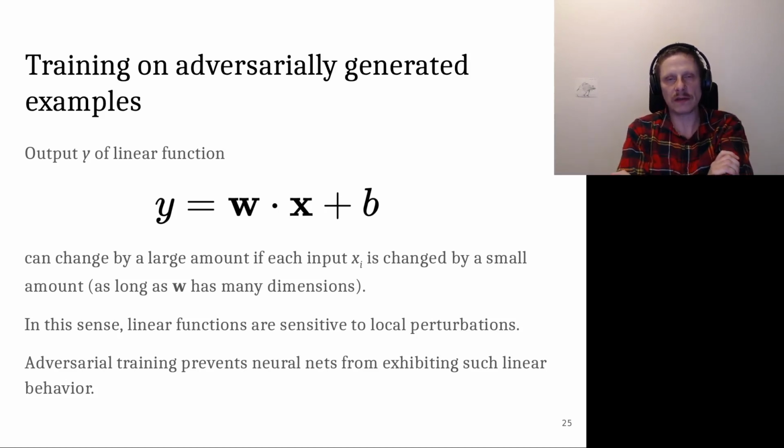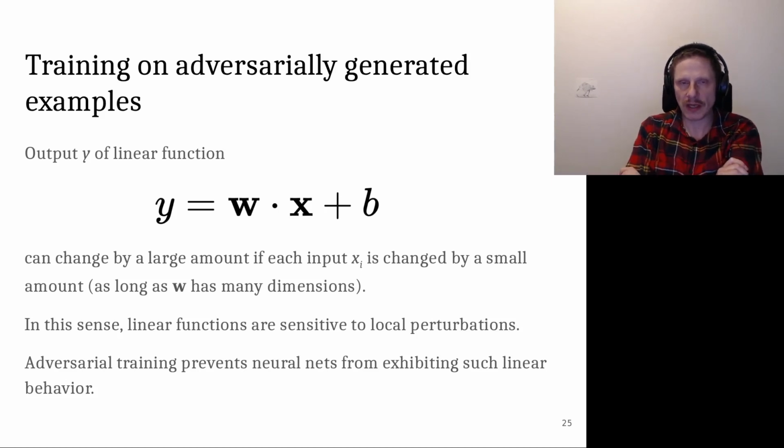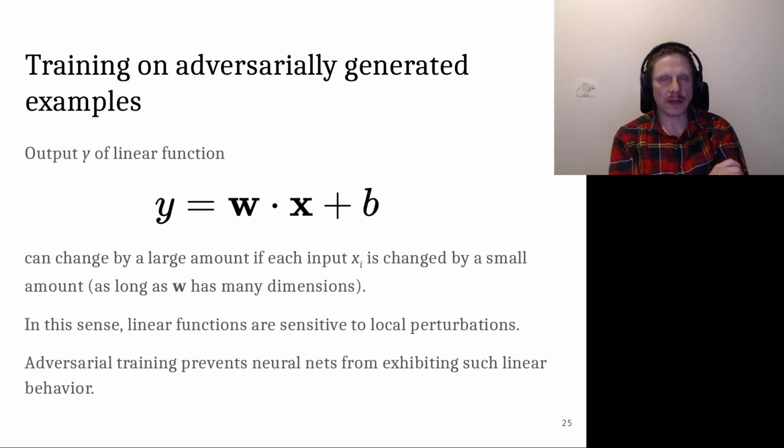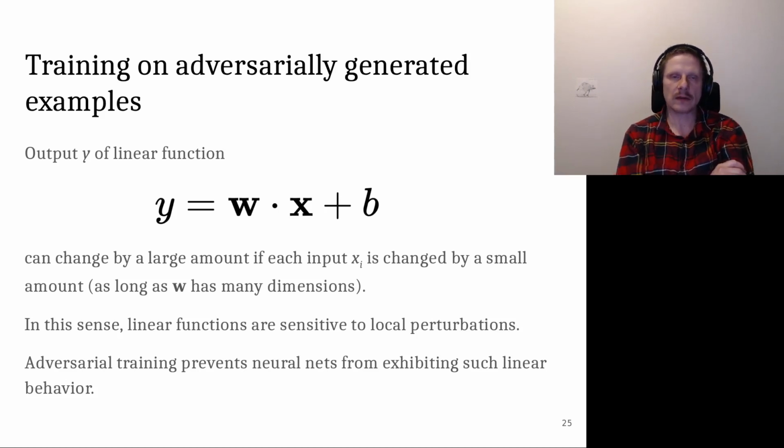The reason is that if x and w are high dimensional and we change each x by a small amount, if we sum all these small amounts together, that can amount to a large value in the end, and it can change the output value by a large number. In this sense, linear functions are sensitive to local perturbations. We can make small changes to all these inputs, and the change to the output is going to be large.